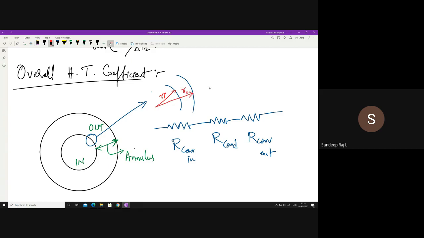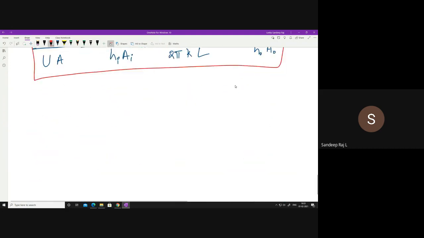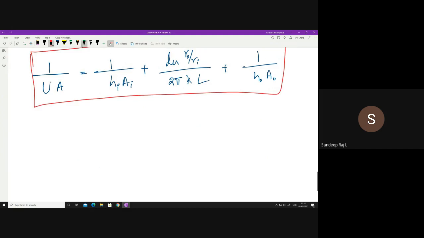The thickness of this tube will be very small. That's why Ro is almost equal to Ri. If Ri is almost equal to Ro, then what happens? Your equation will be like ln1. Ln1 is 0, so this value can be neglected. R conduction is almost equal to 0.